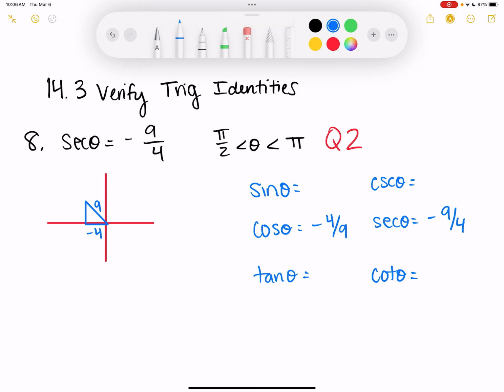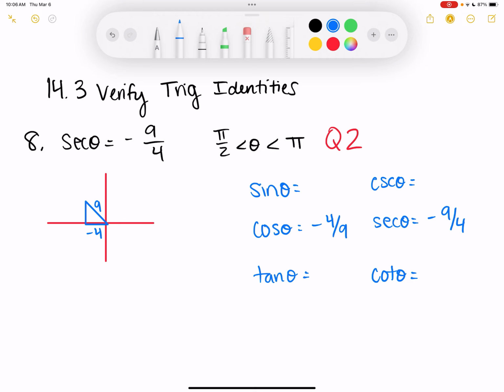This is where you've got to really pay attention to what quadrant it's in. If it was down here, and it was tangent, then you would have positive numbers, but you've got to pay attention to what quadrant you're in to make sure you get your x and y values positive and negative where they're supposed to be.